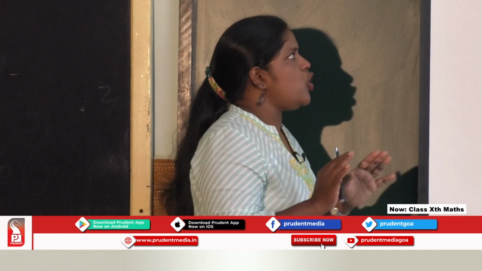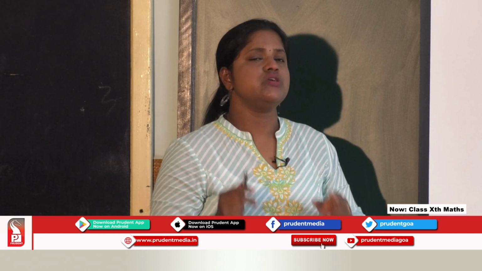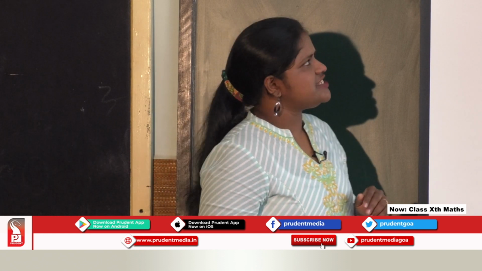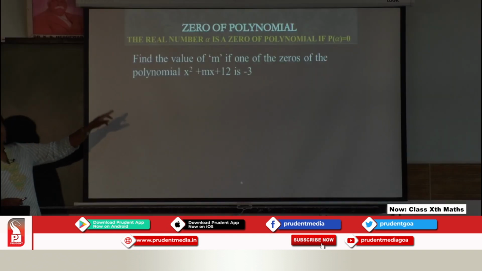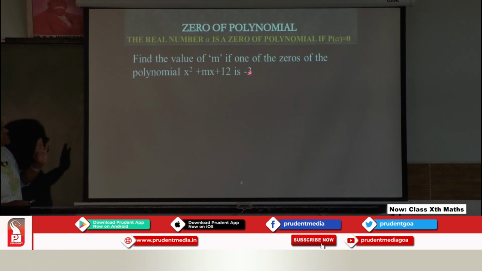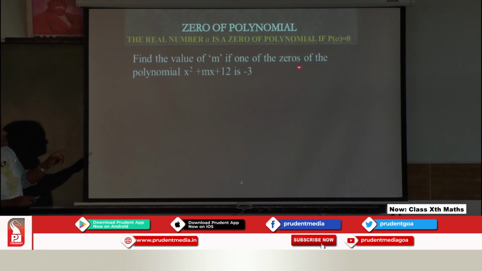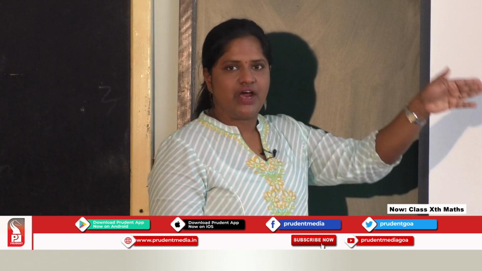Now obviously we know that for any quadratic polynomial there are always two outputs or two zeros or two factors. Out of these two, one is given. So if one factor is given, that means definitely it will satisfy this polynomial. Since minus 3 is a factor, that means P of minus 3 will be 0, because it is already told in the question that minus 3 is one of the zeros.